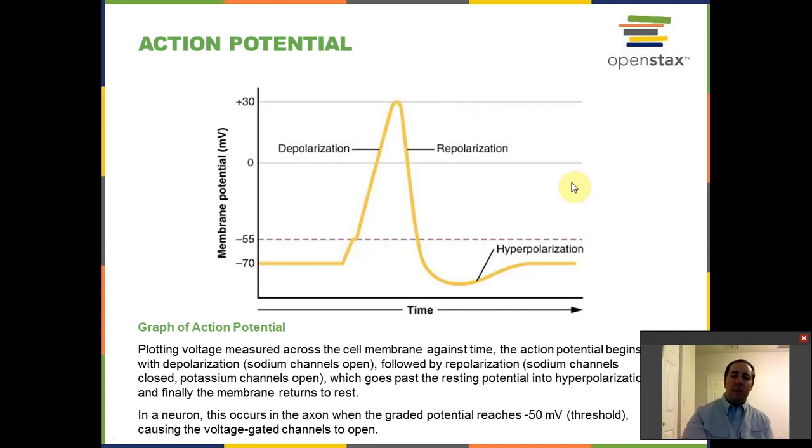We then repolarize. We come down below negative 70, become hyperpolarized, and then gradually come back up to level off at negative 70. Does everyone understand the steps involved here?